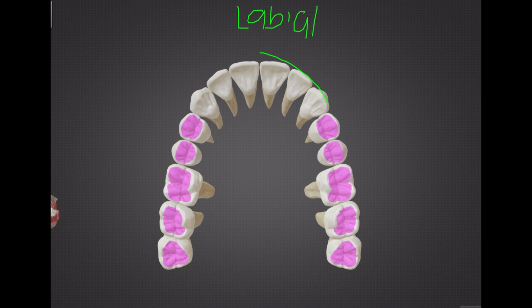While for the posteriors, recalling them: your first premolar, second premolar, first molar, second molar, third molar. We call the surface in contact with your cheeks the buccal surface. Collectively, the labial and buccal surfaces are called the facial surface.